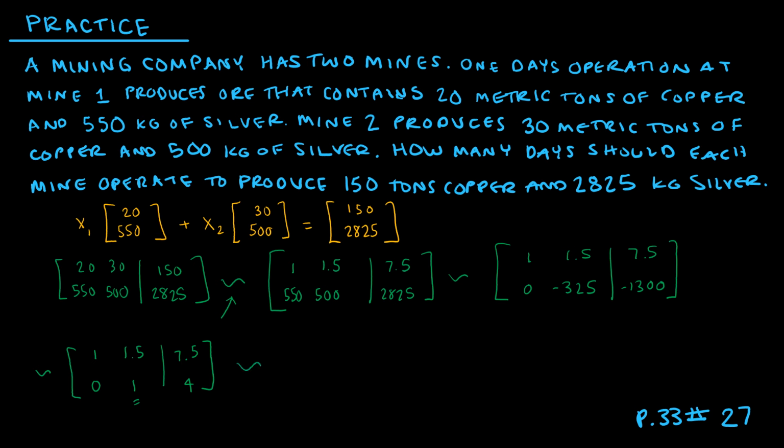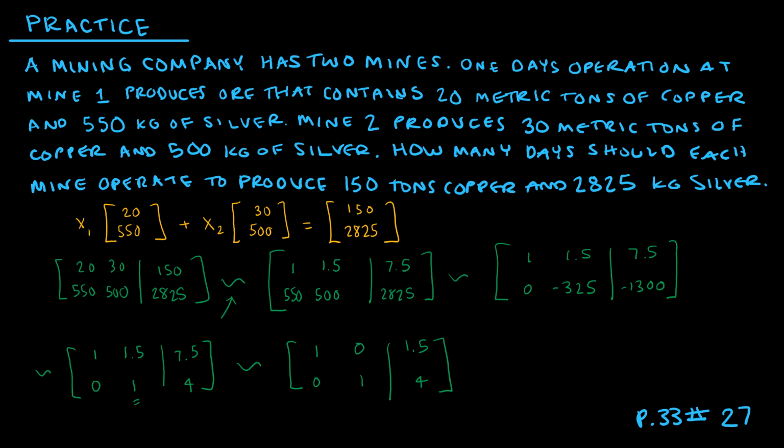So I'm going to take negative 1.5 times row 2 and add it to row 1, giving me 1, 0, 1.5, and 0, 1, 4.